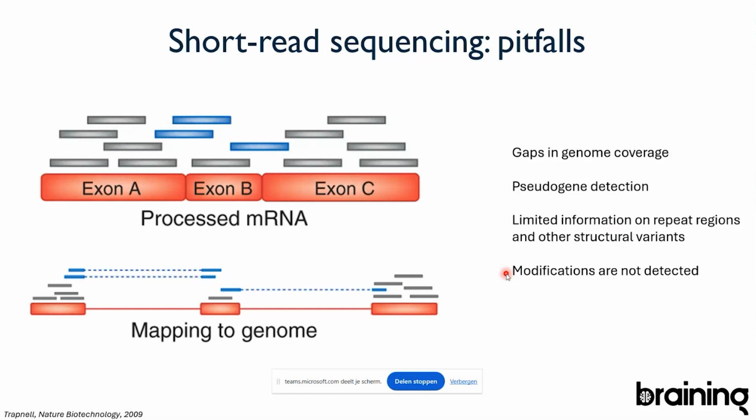It's the modifications of DNA without altering its sequence. Very famous is DNA methylation, for example. Since we are synthesizing DNA ourselves in the machine, all the modifications that were present on the original DNA are not detected. So those are a number of very important pitfalls in short read sequencing.